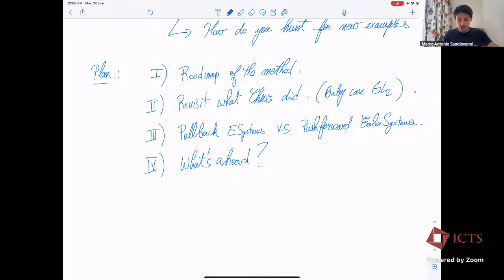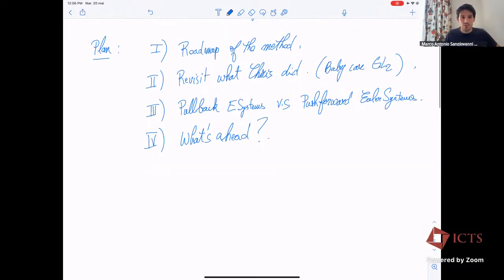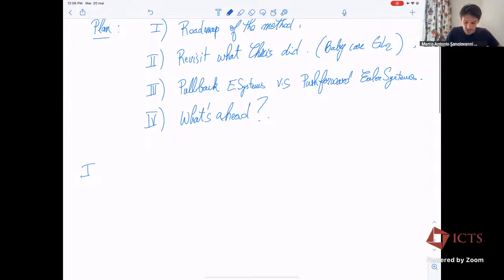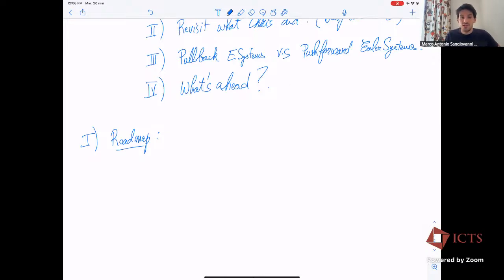Let me start with number 1, the roadmap. The first thing to be introduced is that I will consider rho: G_Q to GL_N. For simplicity, I will assume that this has coefficients in Q_p so that I don't have to worry about coefficients.